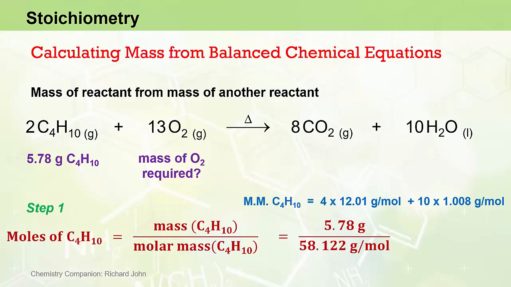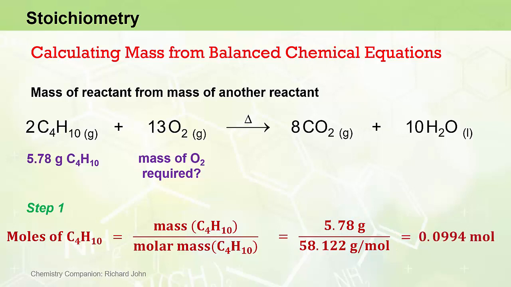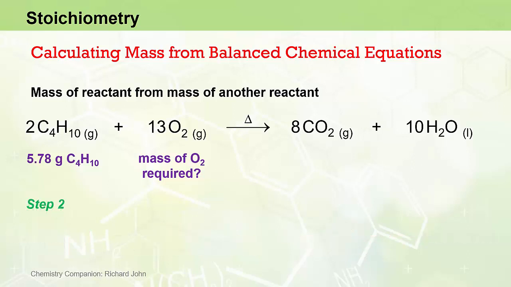And that comes to 4 times 12.01 grams per mole plus 10 times 1.008 grams per mole. And remember, we get the individual molar mass values for carbon and hydrogen directly from the periodic table. And when we do this division in our calculator, we get 0.0994 moles of butane.